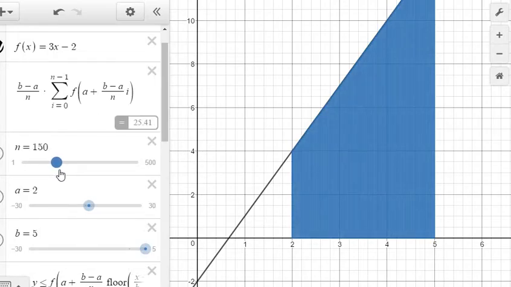At n equals 150, you're still at 25.41. It takes a while. Let's just go to the happy ending. So all the way up at n equals 500. Boy, at n equals 500, still not quite there, 25.473. I mean, suggestive a little bit, but it's not completely convincing that the true limit is 25 and a half.